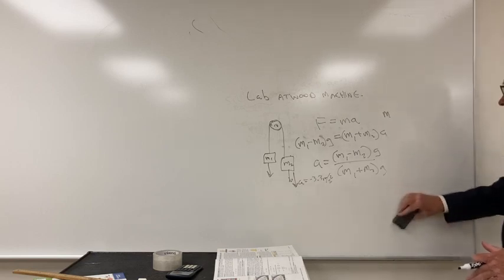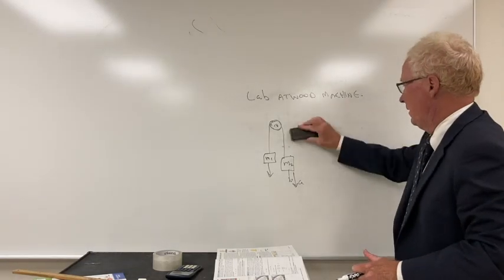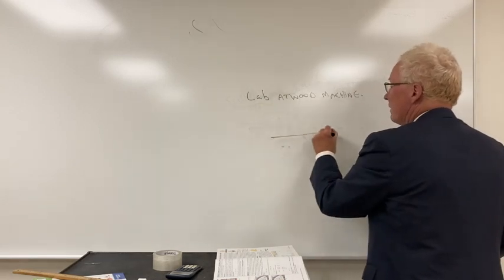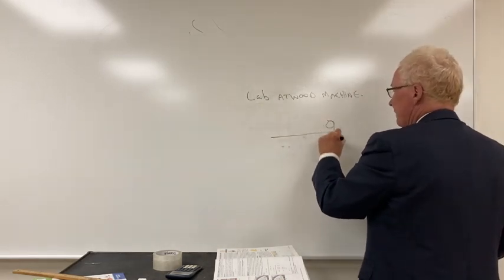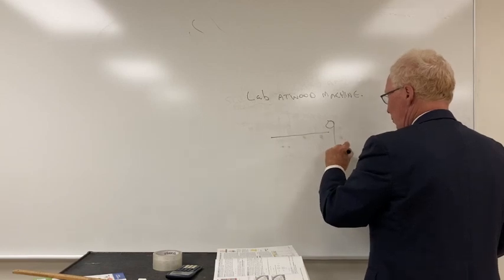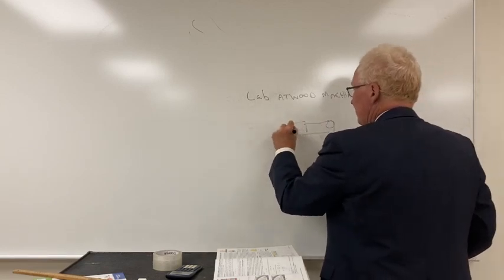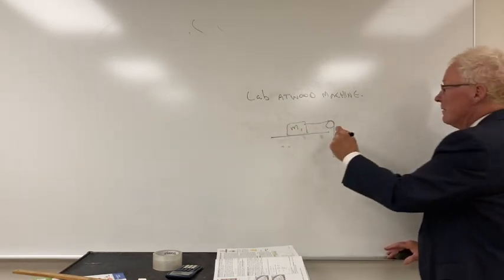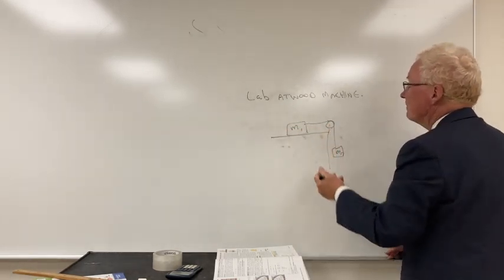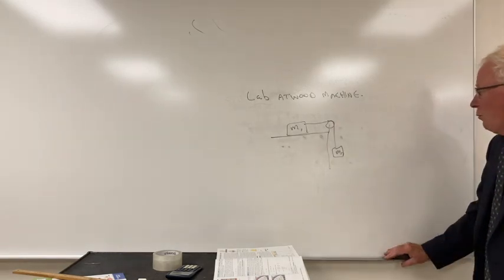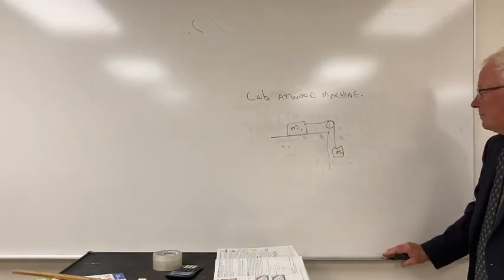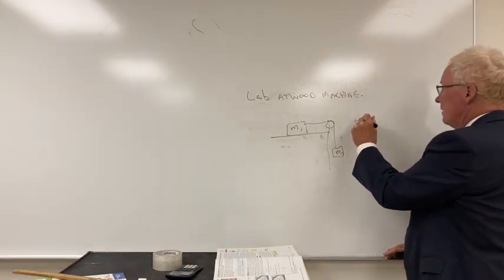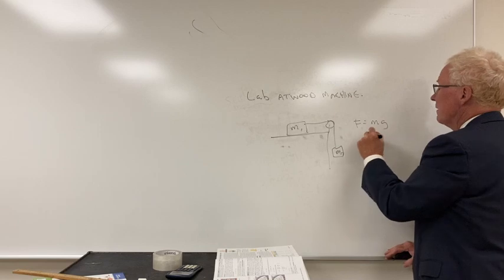All right, another example of this: instead of both hanging, we can have one with a pulley. One's hanging, M2, and the other one is just on a flat surface, M1. So this is flat, this is hanging. In this case, what would the forces be? Force is ma.